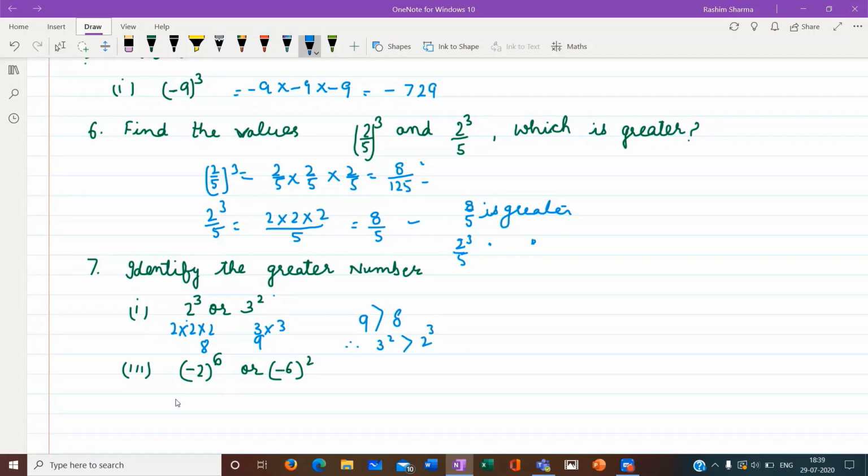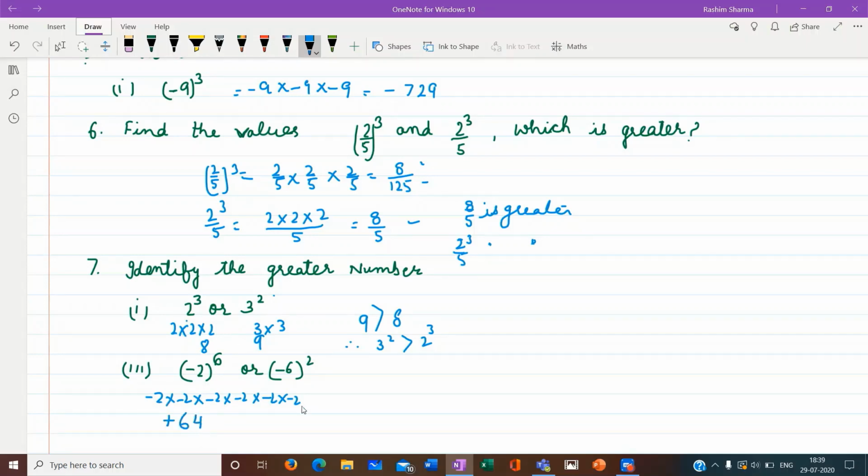Now minus 2 raised to power 6. Minus 2 raised to power 6 means minus 2 into minus 2 into minus 2 into minus 2 into minus 2 into minus 2. It means the minus sign is 6 times. It will become positive. So it is 64.